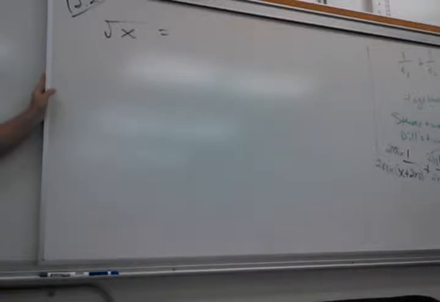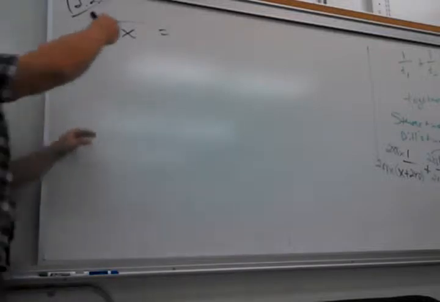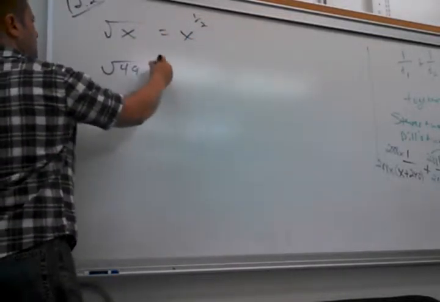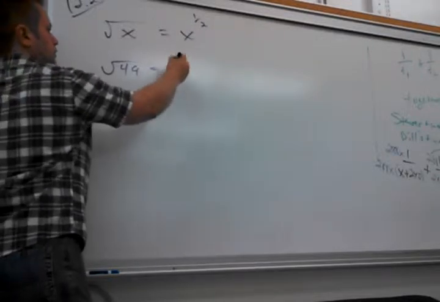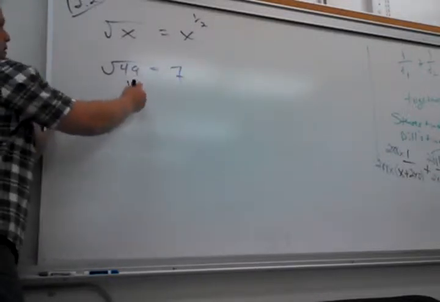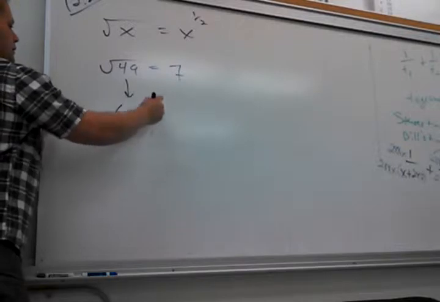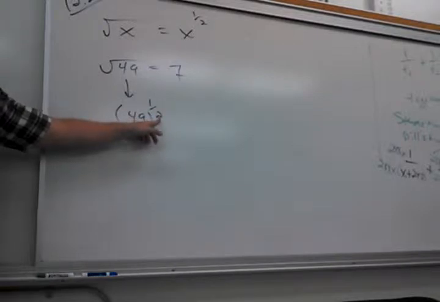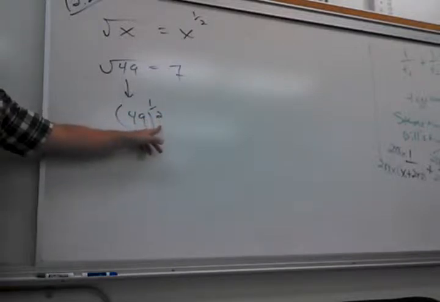On one level it makes sense because if you actually do it as numbers, like the square root of 49 is supposed to be 7, and I'm claiming that that's exactly the same as this. That's my claim, that the square root is exactly the same as a 1/2 power. And what did we do a couple of days ago to show that that's true?